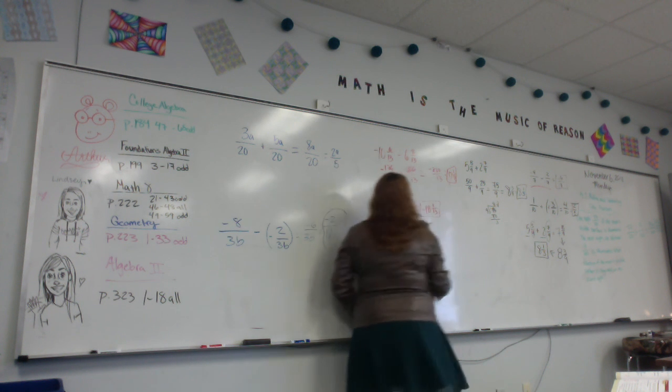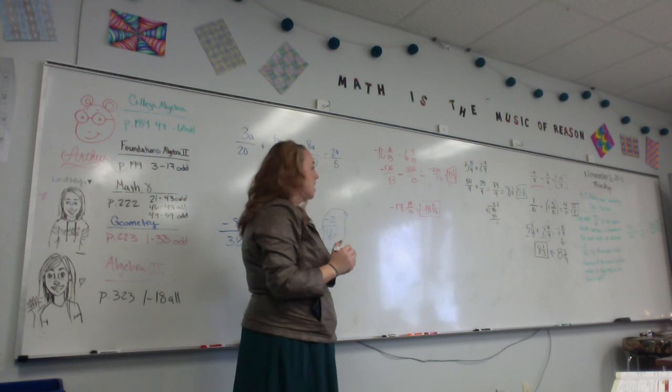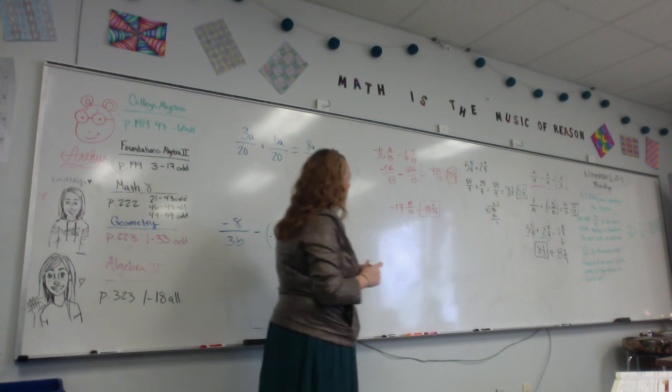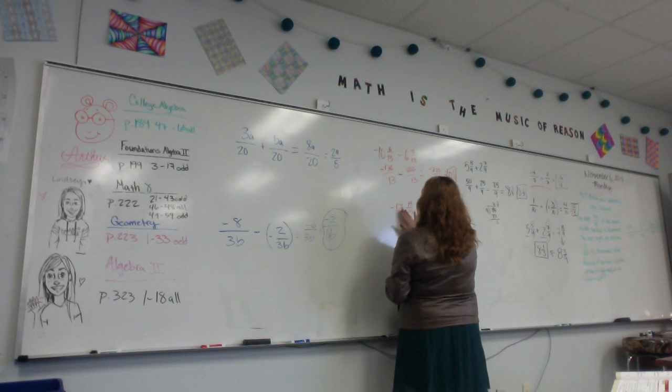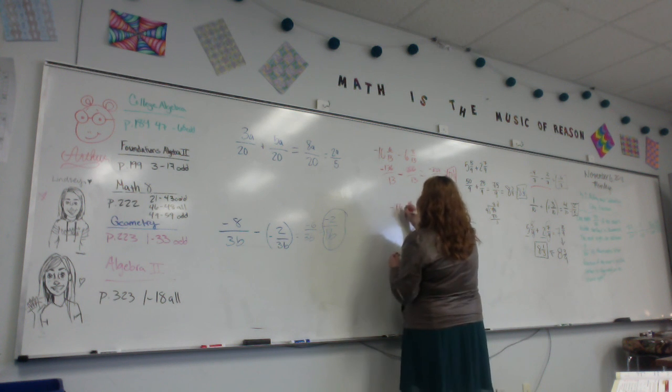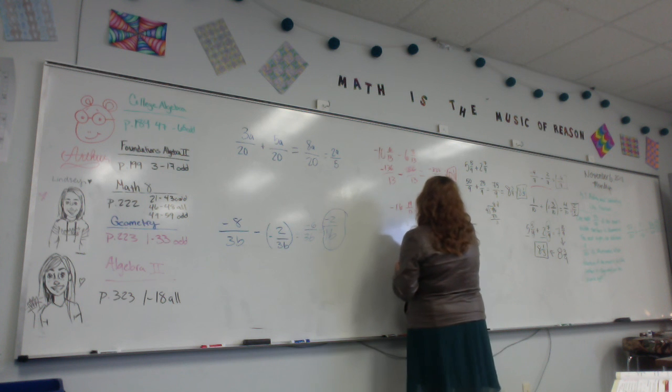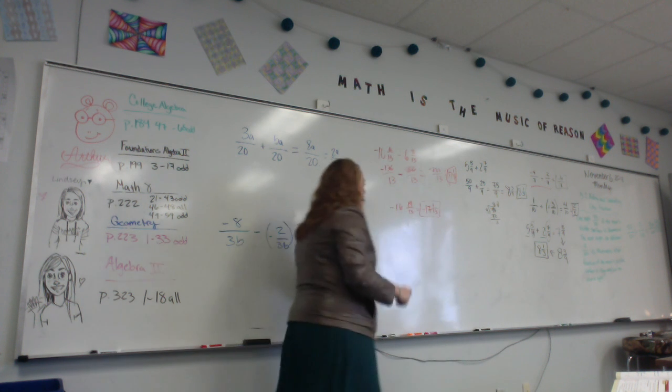You can do it either way. Show me your work. I still got the same answer. It shouldn't be 17, this should be 18. Oh wait, no, I got 17. You're right. And you still get the same answer.